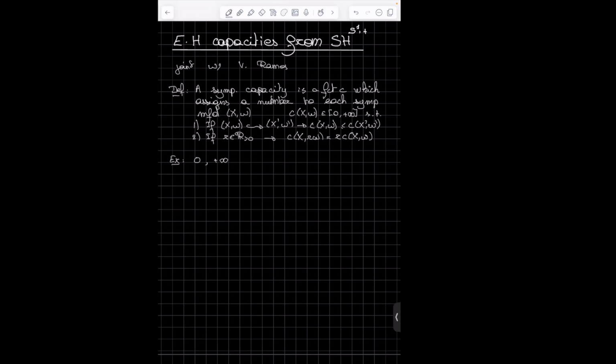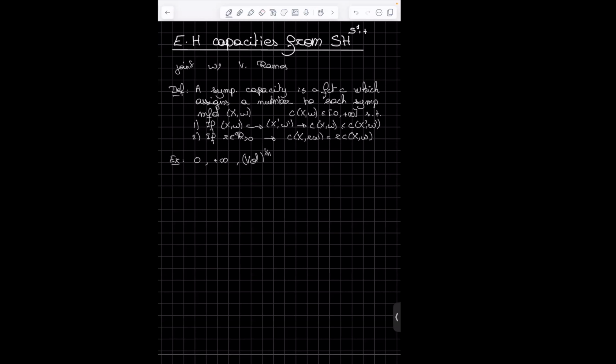Those trivially satisfy the axioms. We also have the function which associates the volume to the correct power: if the manifold is of dimension 2n, you take the n-th root of the volume. Those are symplectic capacities, but they are not the most useful, or intrinsically symplectic.